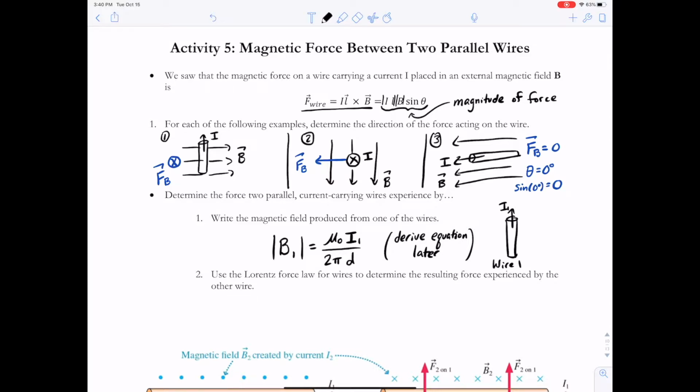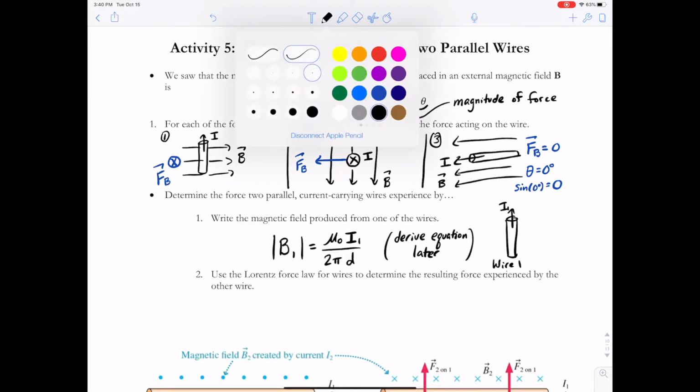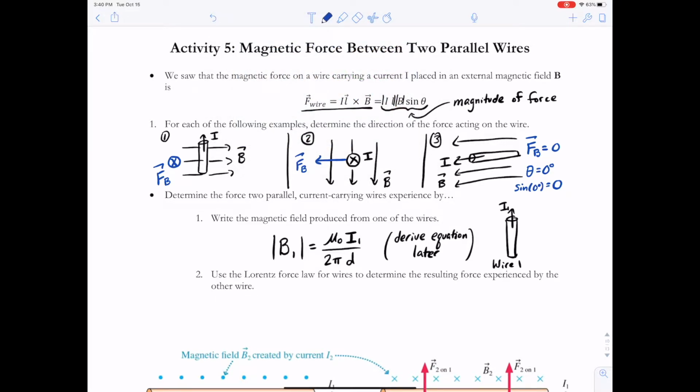We can find the direction of that magnetic field B1 using our right-hand rule for wires. And if we were to do that, we would find that the magnetic field on the left side of the wire is directed out of the page, and on the right side of the wire, the magnetic field is directed into the page. So out of the page on the left, into the page on the right.